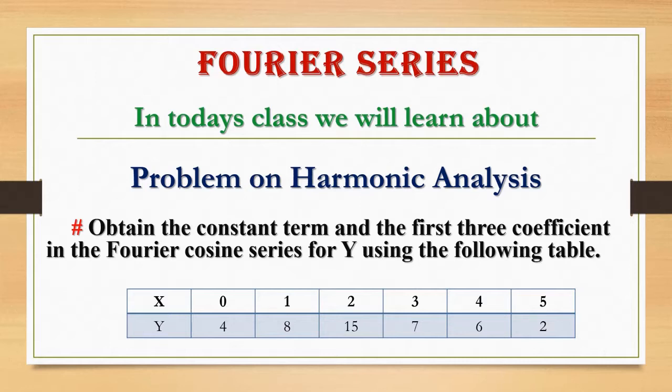The values of x are 0, 1, 2, 3, 4, 5 and the respective values of y are 4, 8, 15, 7, 6, 2. The solution of this problem we'll see now.